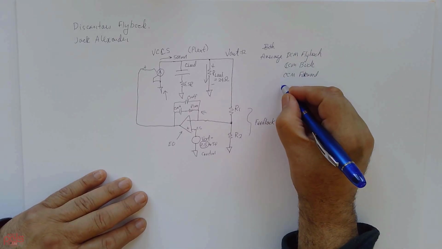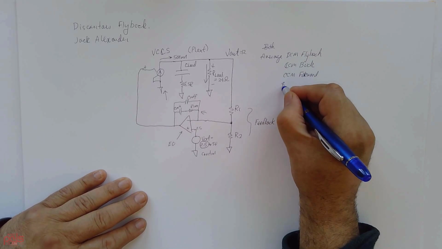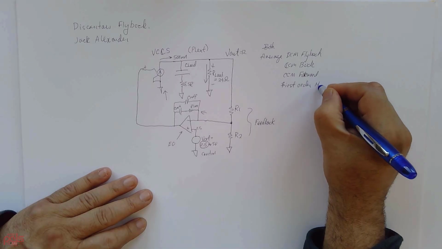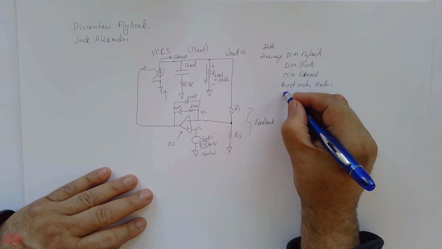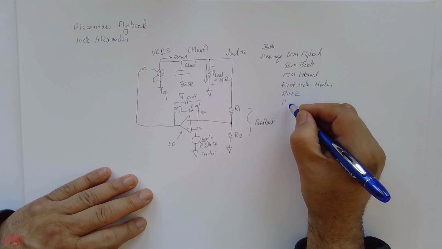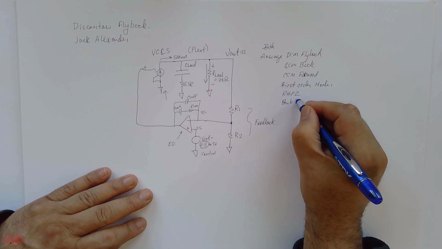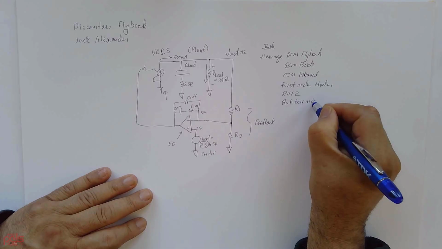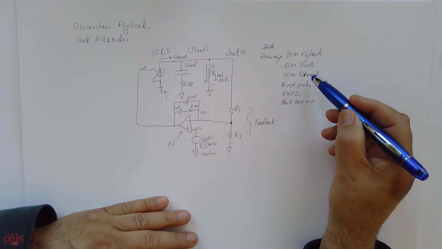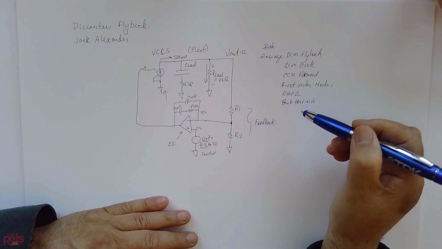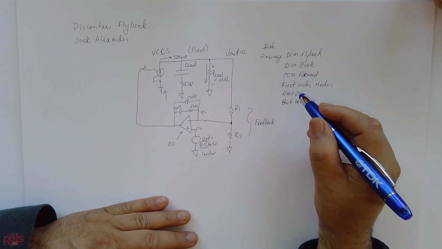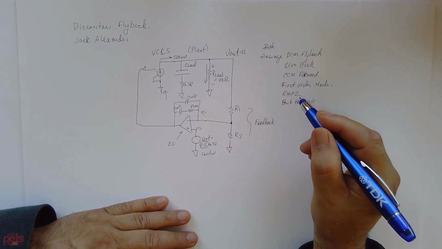Now keep in mind this is a first order model. It will not predict the right half plane zero or the subharmonic oscillations. But it's simple enough that you can use it with these topologies, and it gives you enough information that you can set the control loop accurately.